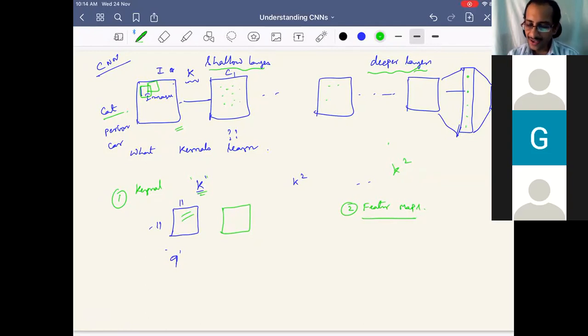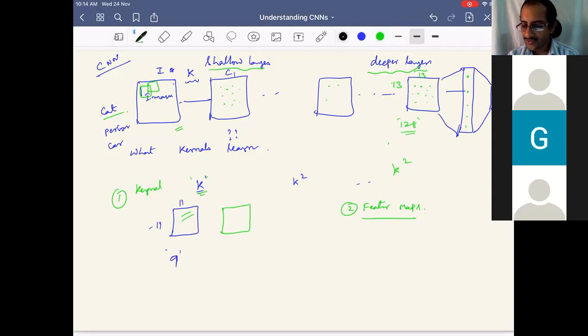So for example, if I take some deeper layer, let the dimension of this be 13 cross 13, and there may be, say, 128 feature maps like this. This 13 cross 13 may not all be very high values. There may be some values which are reasonably high in this.